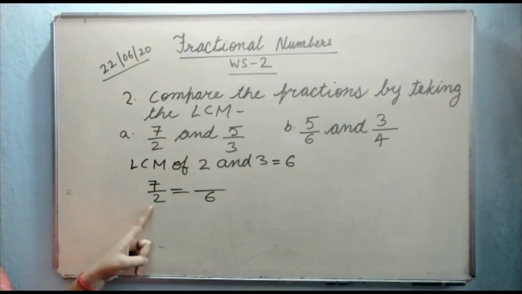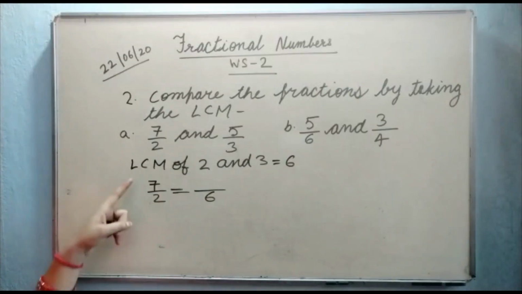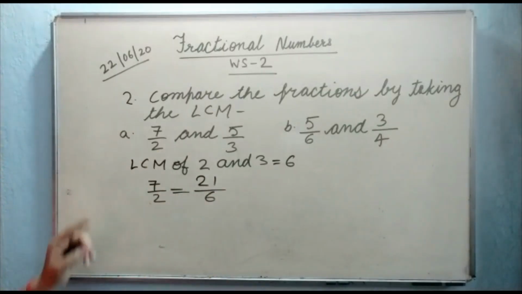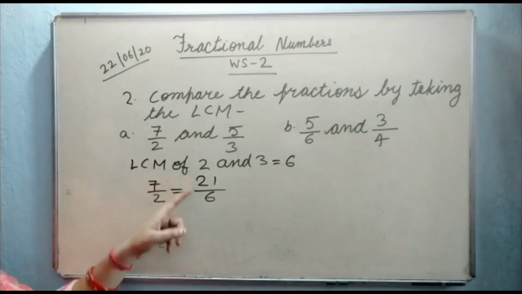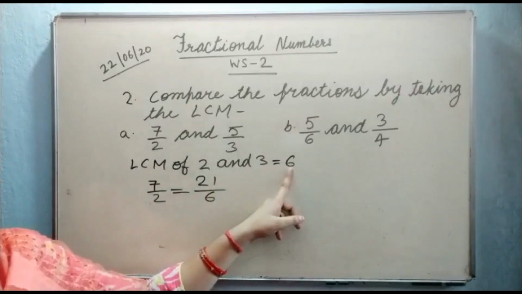So we multiply 2 by 3, we get 6. 2 3s are 6. So to get the equivalent fraction of 7 by 2, we will have to multiply 7 also by 3. 7 3s are 21. So the equivalent fraction of 7 by 2 is 21 by 6. Why have we made this? Because we want denominator 6.